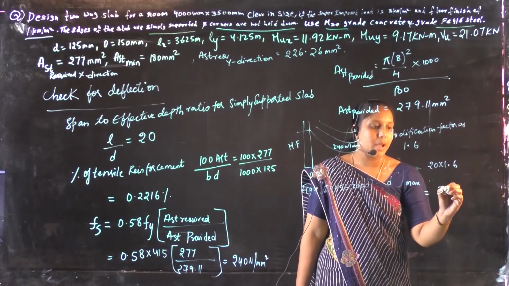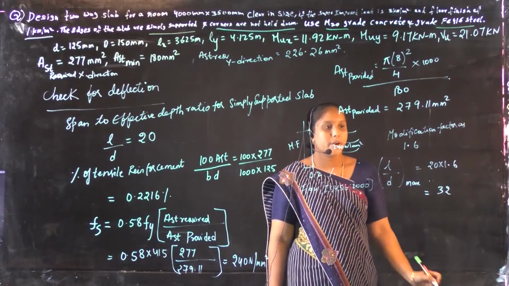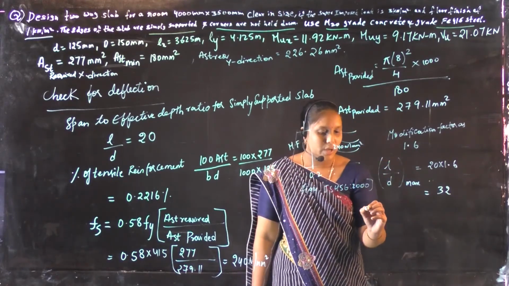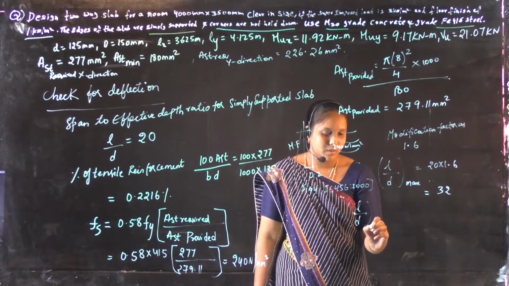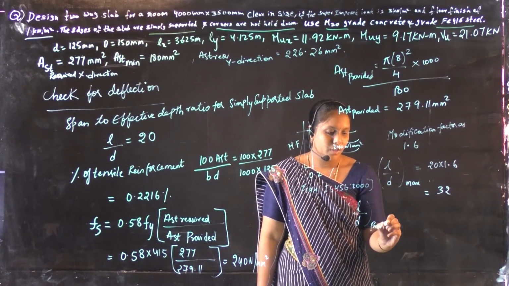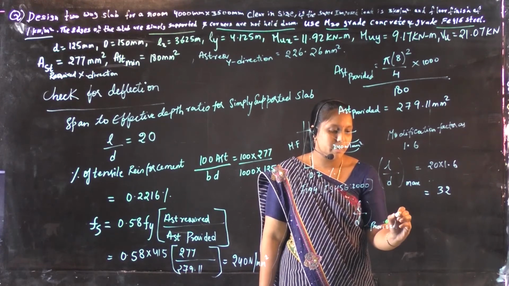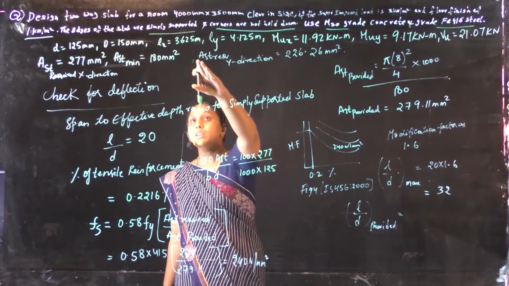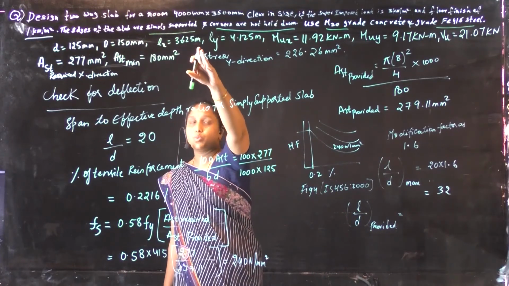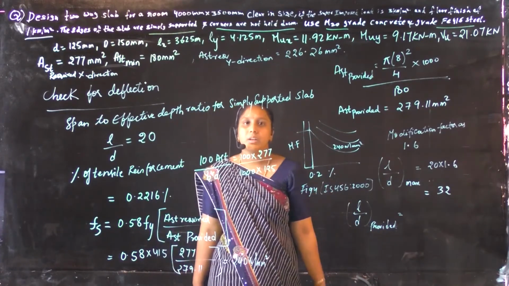That is the L by D max. Now we have to calculate the L by D provided. How will we calculate it? The length is 3625 divided by D.